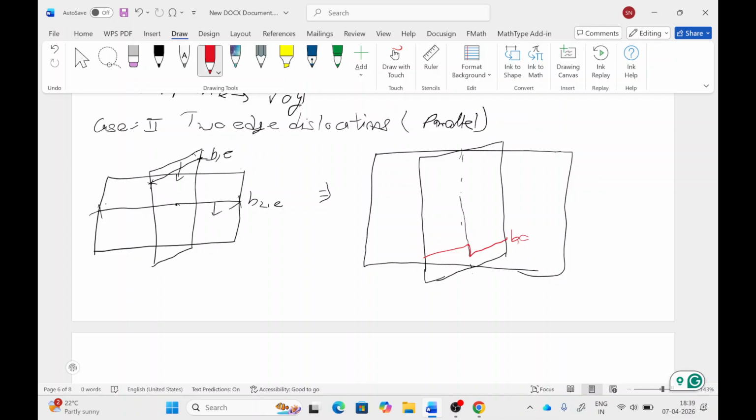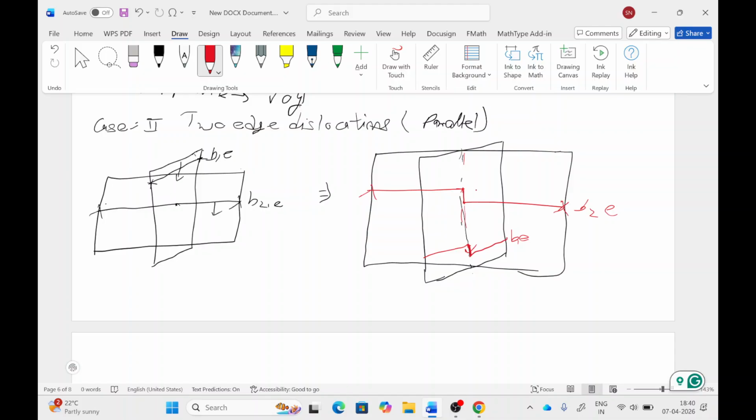This is B1E. This gets shifted by this extra half line in this direction, and the second dislocation gets an extra line on the same plane, on the same interaction plane. This is B2E.